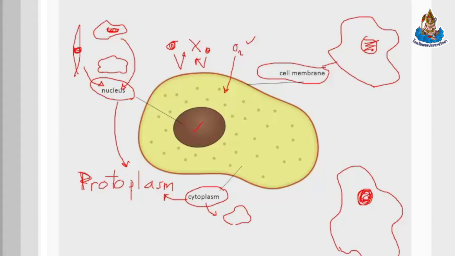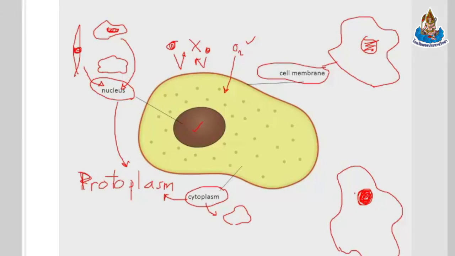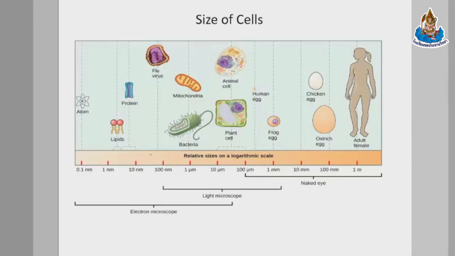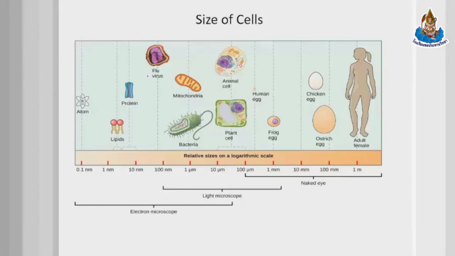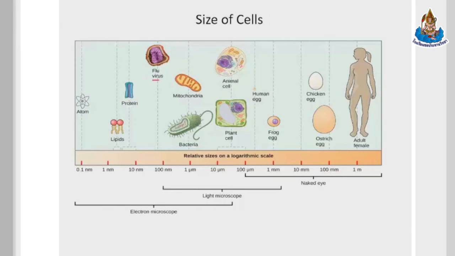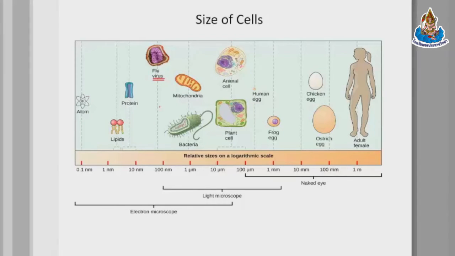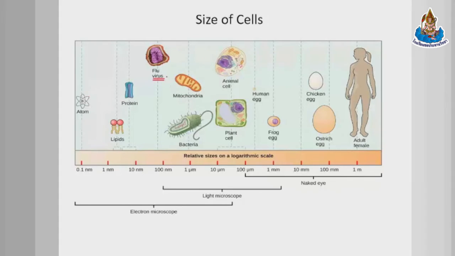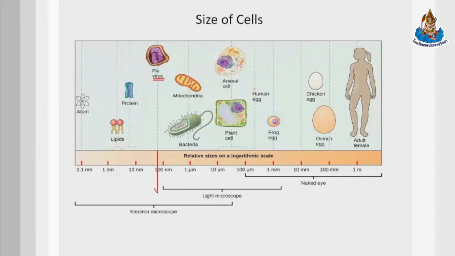And I'll tell you a bit about viruses. A virus is smaller than bacteria or all known cells, but a virus doesn't count as a cell. Viruses have many shapes depending on the kind of virus.